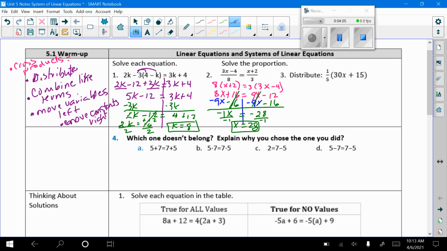And the last one is just distribute. It says just distribute. So I'm going to multiply by the top and divide by the bottom. So I'd end up with 1 times 30x, which is 30x, divided by 5 gives me 6x. And 1 times 15 is 15, divided by 5 is 3.